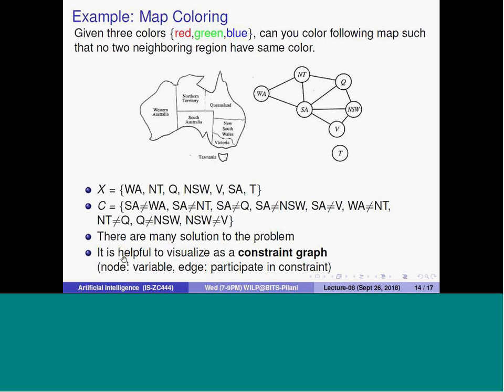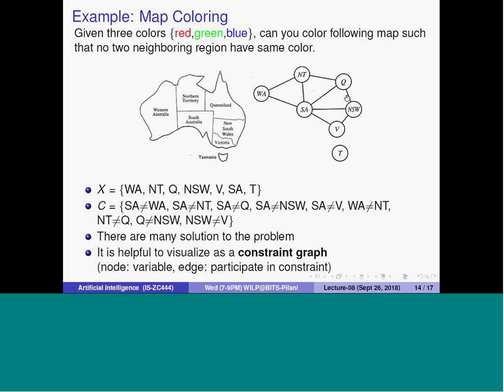It is helpful to visualize this as a constraint graph, because you can represent it better. Here all the variables are there, and you put links between them.